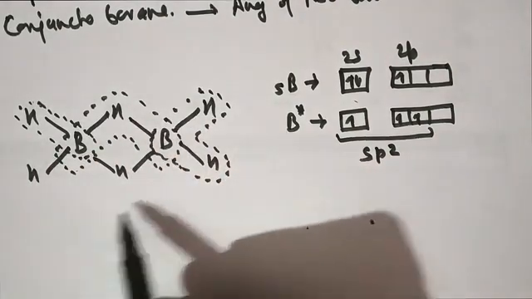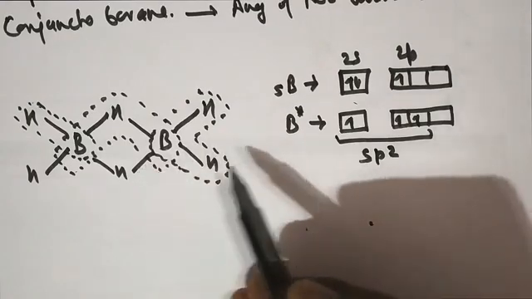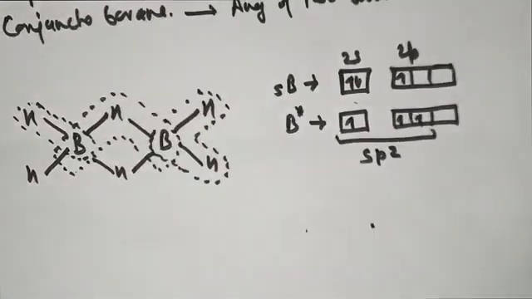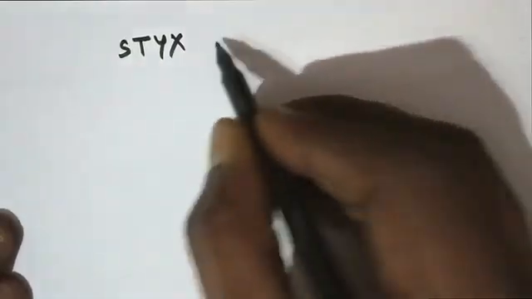Now we can summarize these boranes in a simple formula, which is generally known as Stokes code. Now I will discuss the Stokes code in detail. Suppose the general formula of Stokes code is STYX.